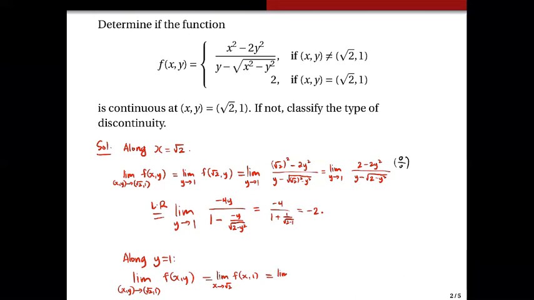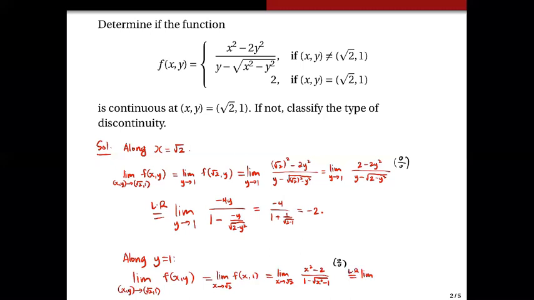So we have the limit as x approaches square root of 2. In the numerator, we will have x squared minus 2 divided by 1 minus square root of x squared minus 1. And as x approaches square root of 2, notice this will be 0 over 0 again. Try to check, this is still 0 over 0. We apply L'Hopital's rule.